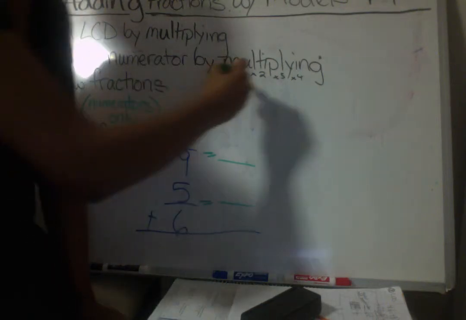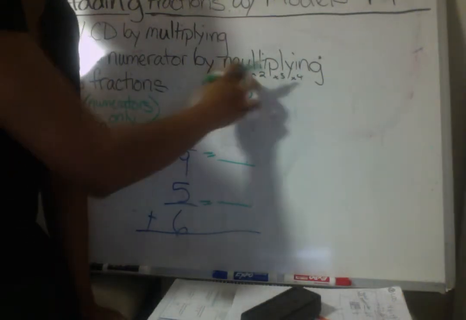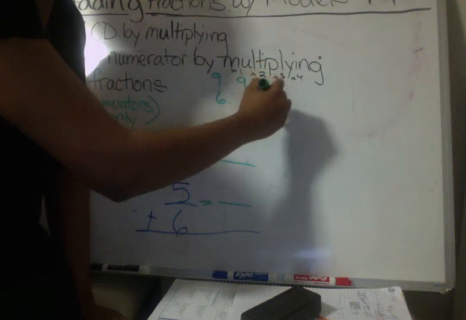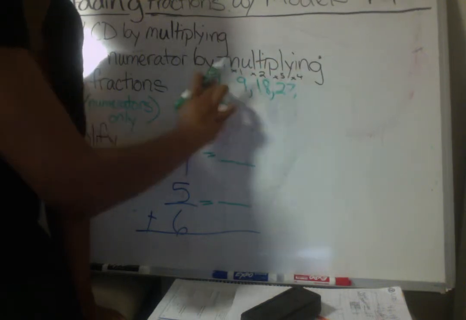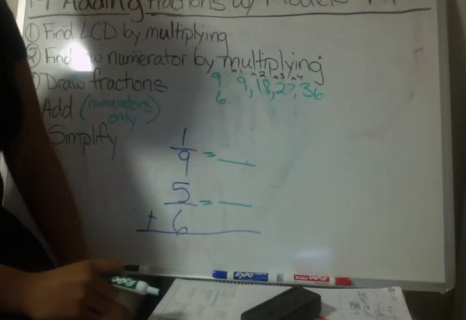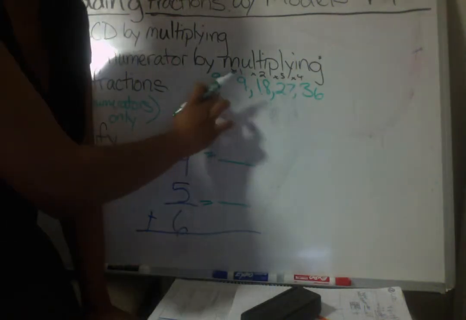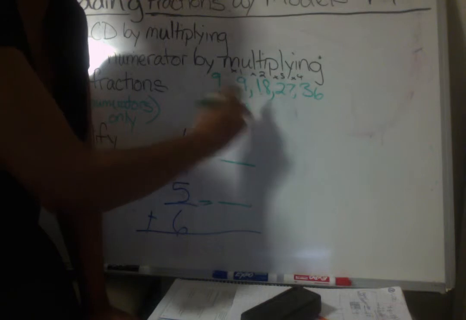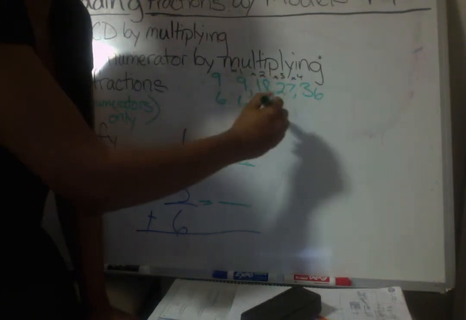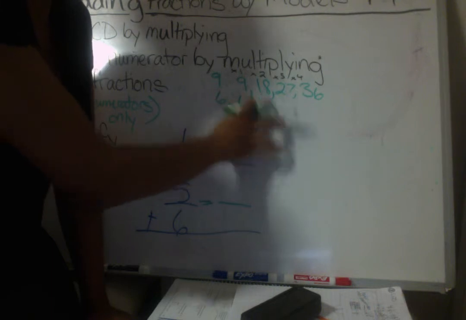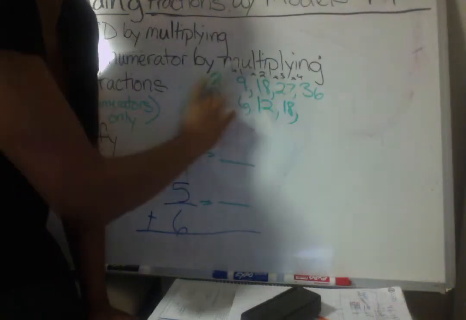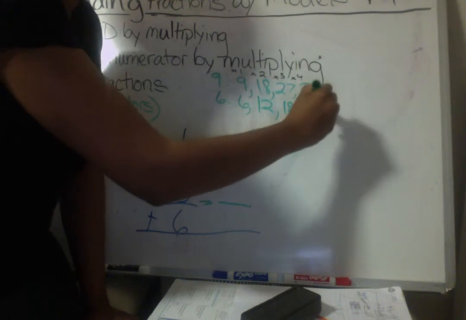9 times 1 is 9. 9 times 2 is 18. 9 times 3 is 27. 9 times 4 is 36. With your 6, 6 times 1 is 6. 6 times 2 is, oh, excuse me, 6 times 2 is 12. 6 times 3 is 18. 6 times 4 is 24.